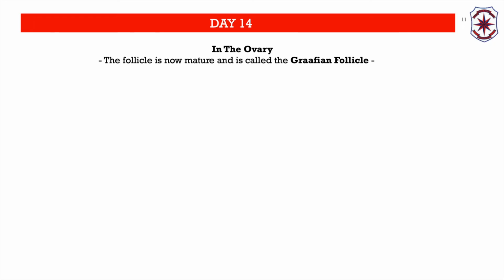All right. Now, at day 14, in the ovary, the follicle is now mature and it is called a Graafian follicle. And then the pituitary gland will start secreting our next hormone, our third hormone, which is LH. What does LH do?